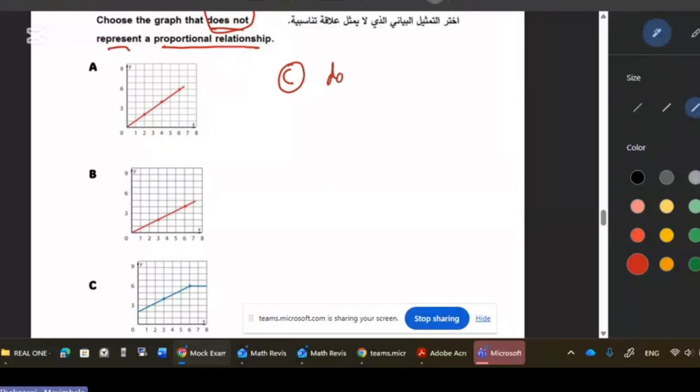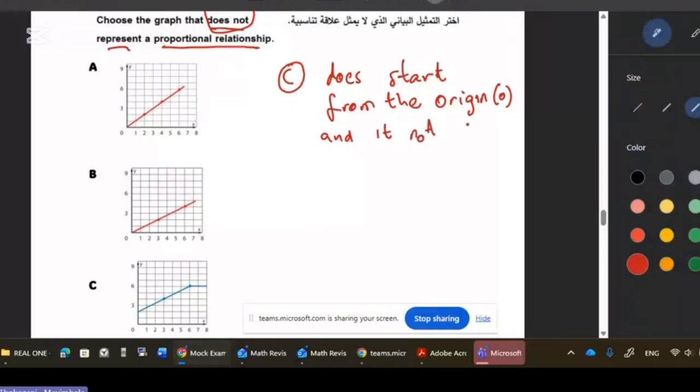C, because it does not start from the origin, from zero, and it is not a straight line.